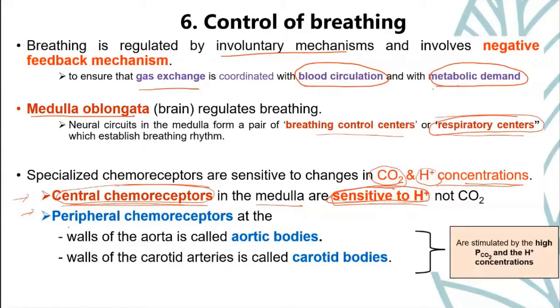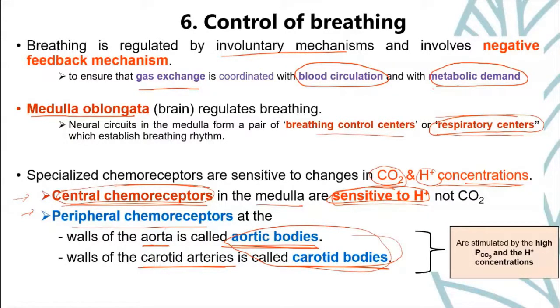But for the peripheral chemoreceptors, which are located in the walls of the aorta, we call it the aortic body, kan? So ini adalah peripheral. Dia terletak pada aortic bodies in the aorta, and the other location is in the carotid arteries, which is the carotid body lah. Okay, so these are the two locations for the peripheral chemoreceptors.